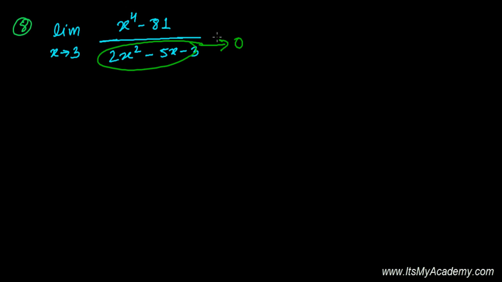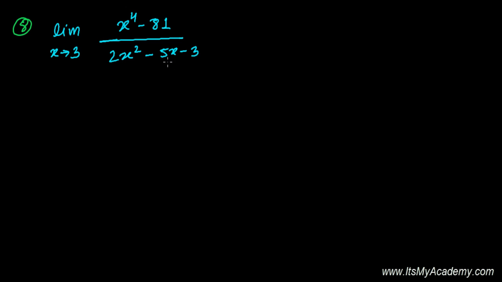So we have to work before putting the value of x as 3, before plugging the value of x as 3. So what can we do? As I tell you, use all the mathematical tricks, all the things that you learn mathematically, use every skill to make this function in such a form that we don't get 0 in the denominator after plugging the value of x equals 3.